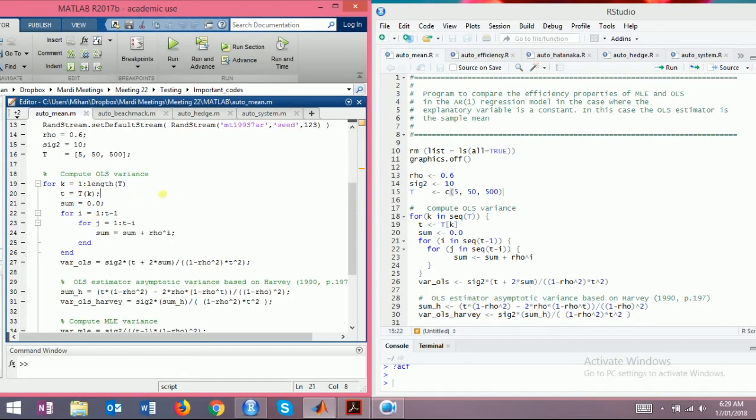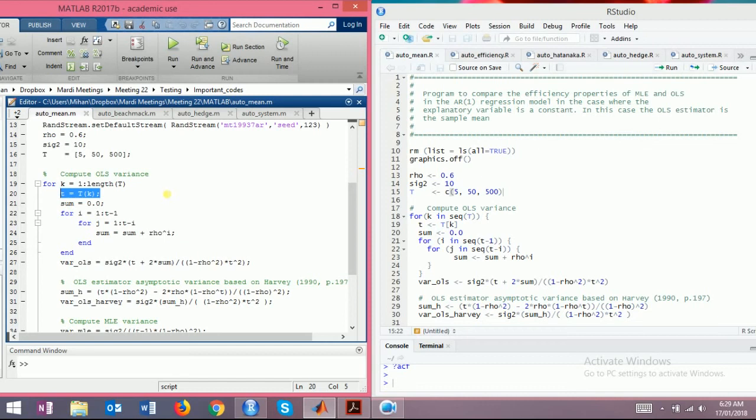Basically 5, 50, 500 are all in column t, so for the elements tk, 5, 50, 500, we will get three results, right?